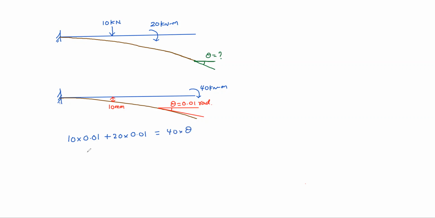So 10 into 0.01 is 0.1, plus 20 into 0.01 is 0.2, equal to 40 theta. So theta equal to 0.3 by 40, 0.0075 radians. So like this you can apply Betti's theorem. Okay, this is Betti's theorem.